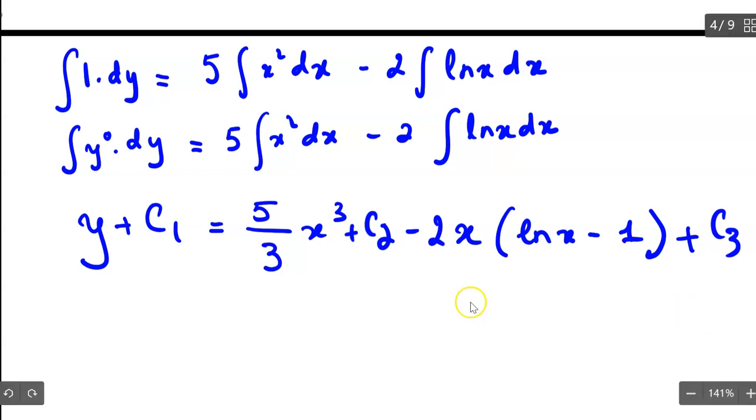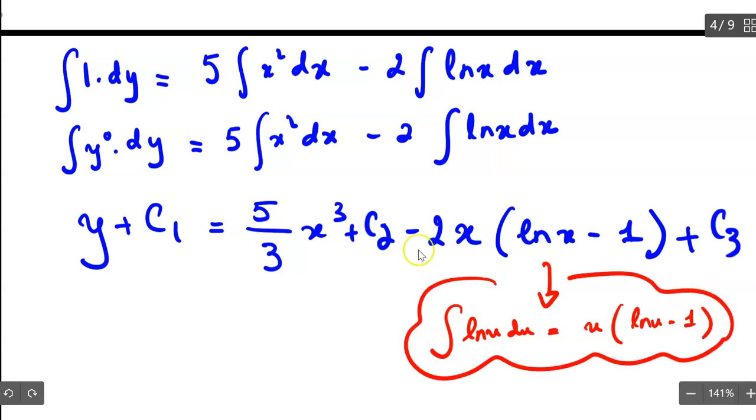Alright, so each of these integrals, after I integrate, I add a constant. Integrate, get a constant. So this is the formula: if you integrate ln of u du, then what you have is u ln u subtract 1.